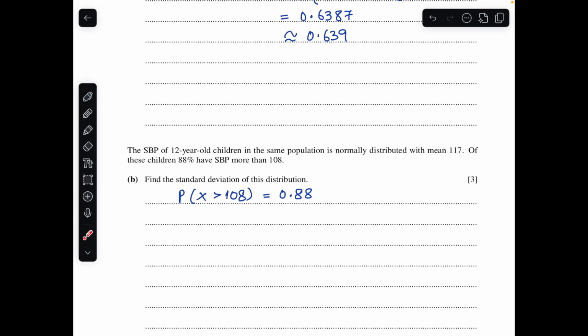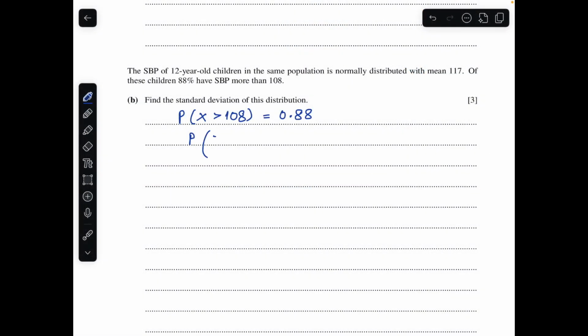Here we have greater than, and the probability is also greater than 0.5. So you got to tell me, is the z-score going to be positive or negative? If you have greater than and greater than, the z-score should be negative.